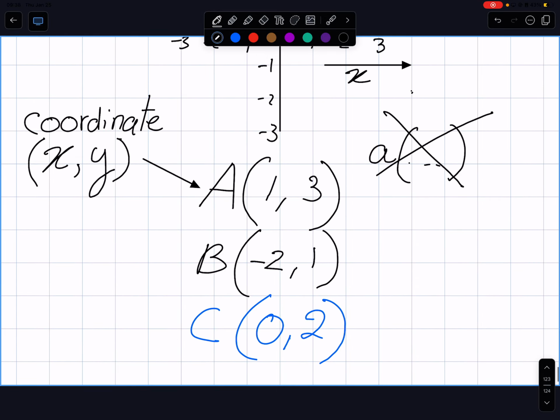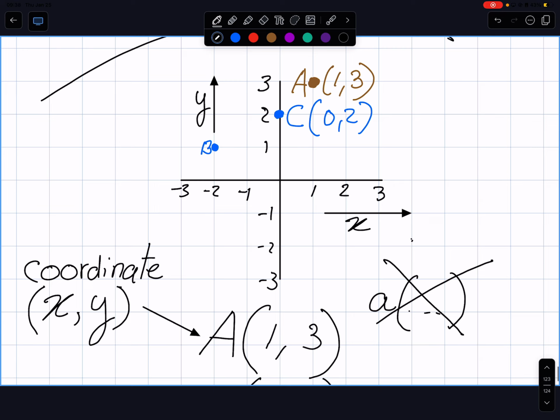What do you mean, if it's not on the graph? Oh, here.